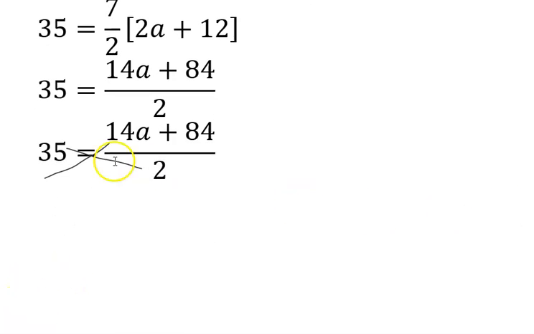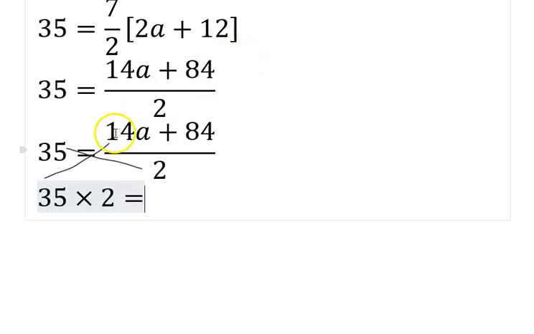So if they are multiplying, we now have 35, because 35 is multiplying 2 there. 35 times 2 is now equal to 14a plus 84 here, multiplying the 1 that is here. So we have 14a plus 84. Beautiful.